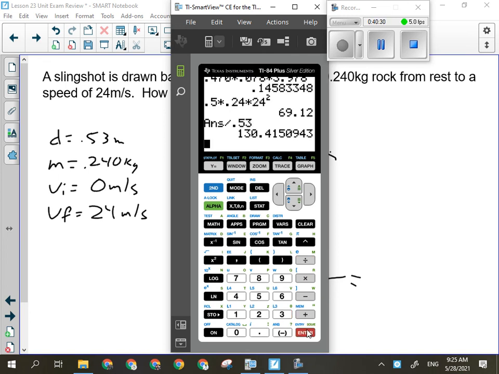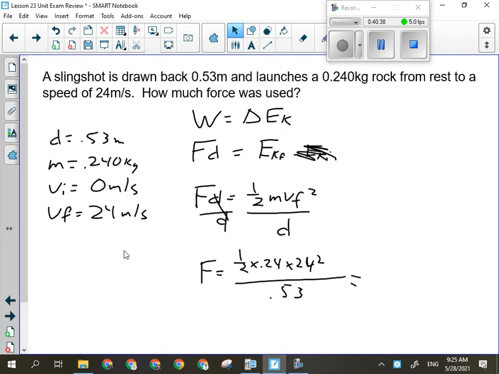All right, so a force of 130 newtons. Okay, actually 1.3 times 10 to the 2 newtons would be the force we would use there. Okay, so there's an example of work energy theorem.